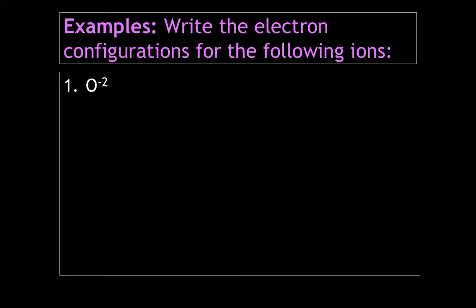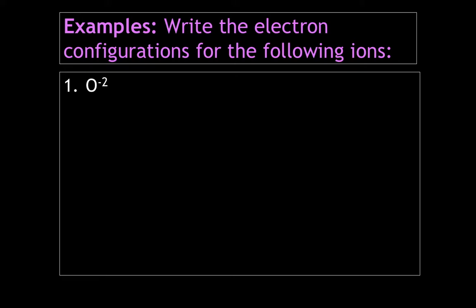And if we wanted to go even further and write the noble gas configuration of the oxygen ion, here's your oxygen. The most recent noble gas, you can do this one, or since it's the ion, what is it isoelectronic with? Can you guys tell? What is the oxygen ion isoelectronic with? Because you don't want to go up and to the right and then do it again, because if it's the ion, it's already isoelectronic with the noble gas.